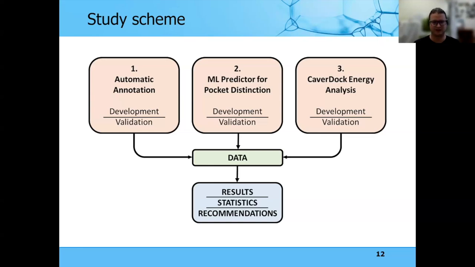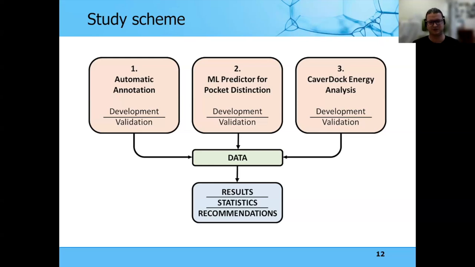Unfortunately, I don't have time to describe each part thoroughly, but I'll just mention that apart from the development of each part, we also carried out validation. In case of the automatic annotation, we were looking at the differences between structures with ligand and without, then also some validation of whether we are able to pick the correct catalytic pocket based on the presence of essential residues.